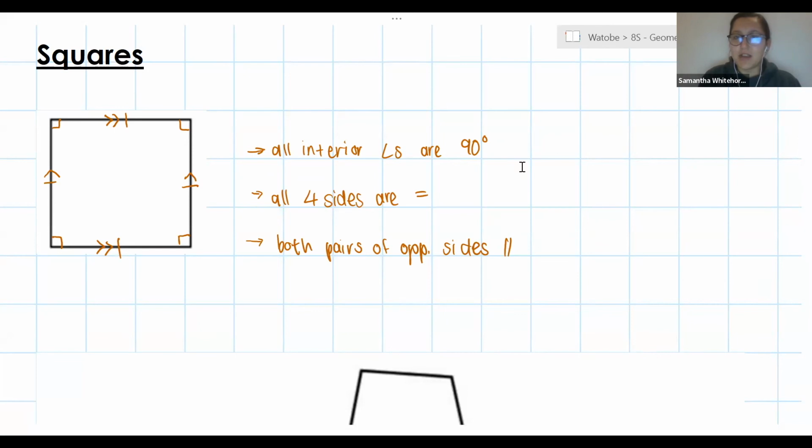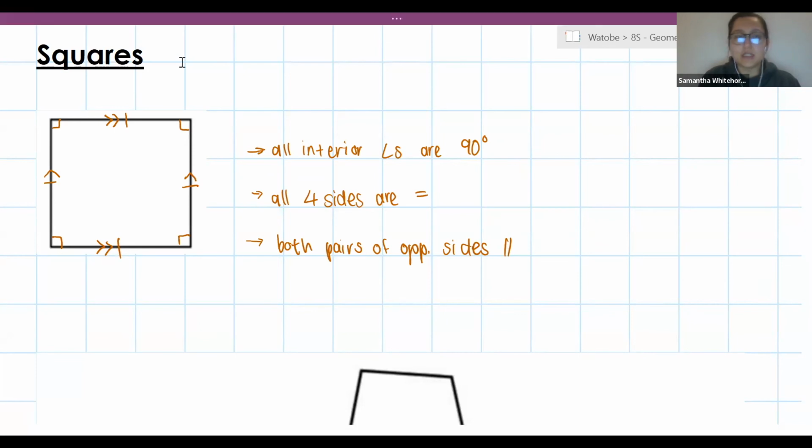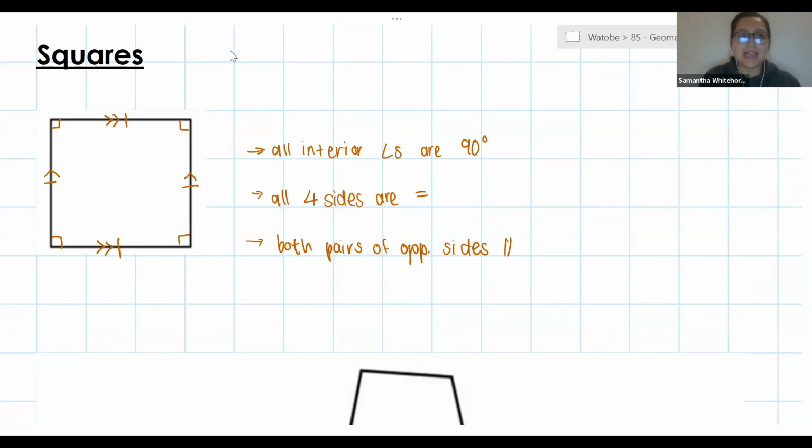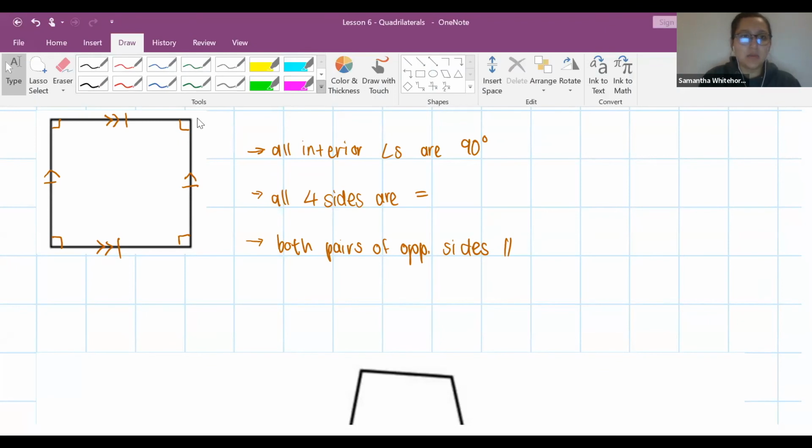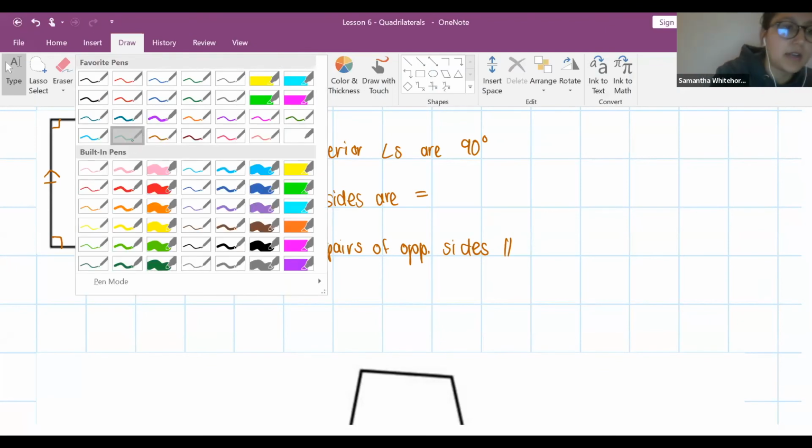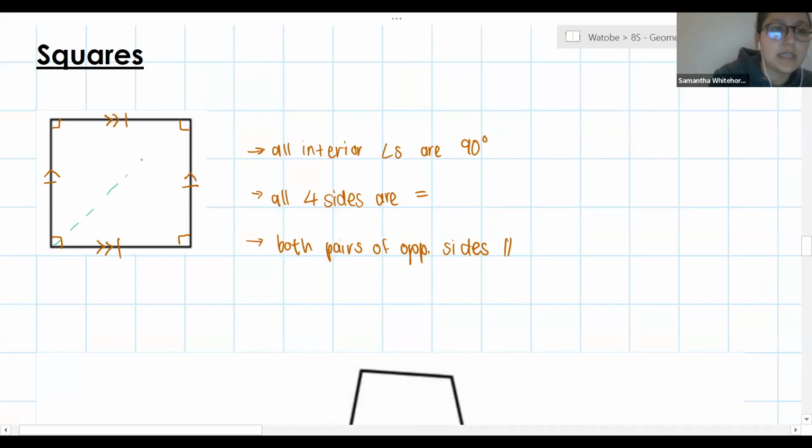Right, I'm not seeing any more hands, so I'm going to go to the chat. We've got the fact that the diagonals bisect each other, which I'm loving. I'm going to put it in a different color. So there are my diagonals. They're not great diagonals, but they're there nonetheless. So there's quite a few things about our diagonals we need to know.